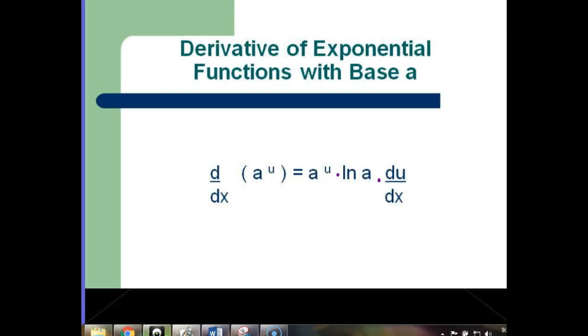The reason you don't see the ln of a with the e to the u: if you applied this rule to e to the u, you'd get e to the u times ln e times u prime. But what do you know about ln e? It's 1. So technically this is the e to the u rule, it's just that the ln of e cancels.